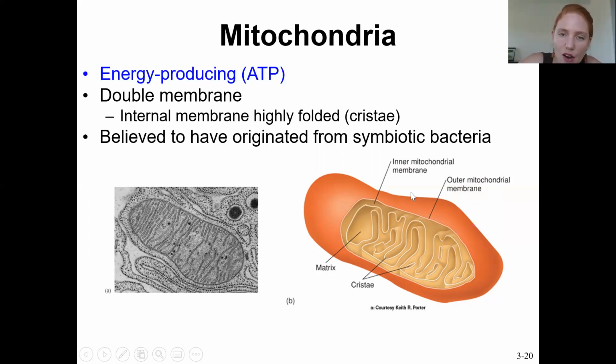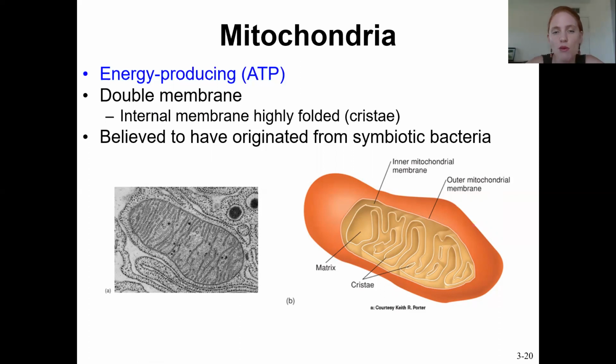Okay, so you have the outer membrane that'll be circular, kind of around the outside. And then you have an inner membrane, and this inner membrane is going to be very highly folded, okay? So anytime you see a picture of a mitochondria, I like to think of it as it looks like it has stripes. If it looks like it has those internal stripes like that, that is going to be the mitochondria.